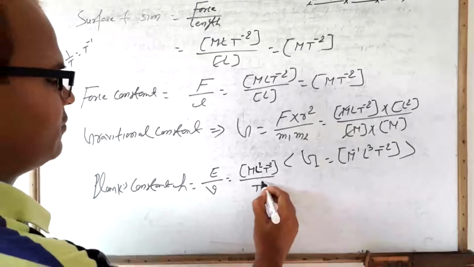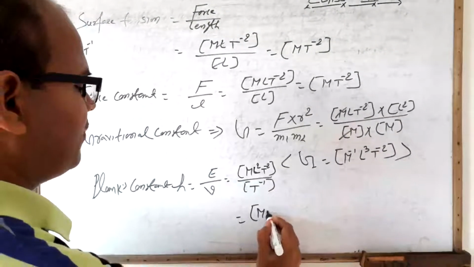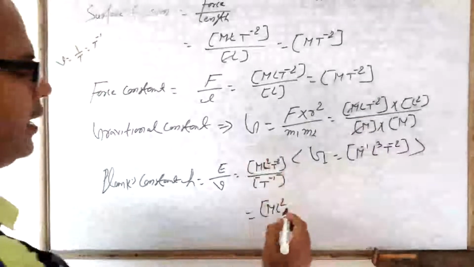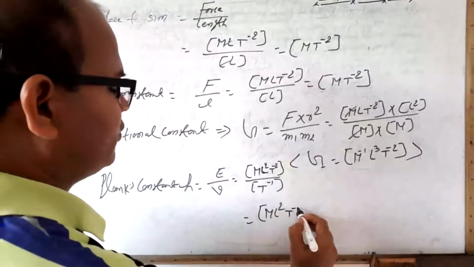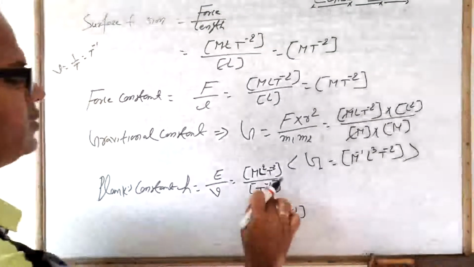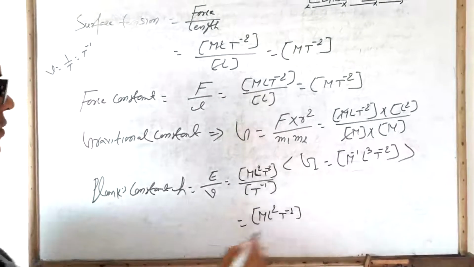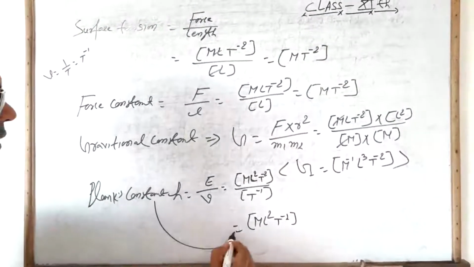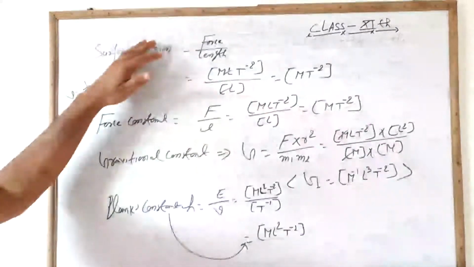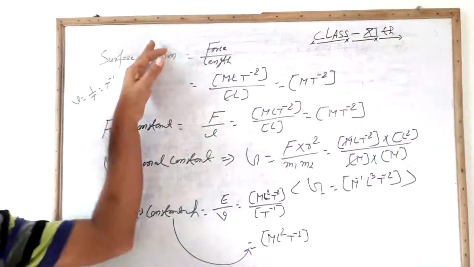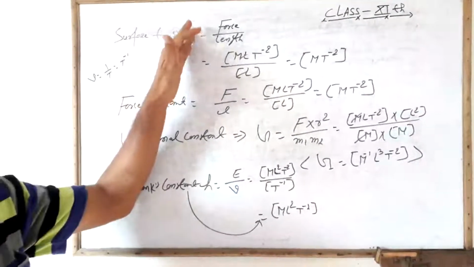Then it becomes M L to the power 2 T to the power minus 1, because minus 2 plus 1 becomes minus 1. This is the dimension of the Planck constant. Again, if you write the dimension of any physical quantity, first write down the formula, then write the dimension, and you will have no problem.